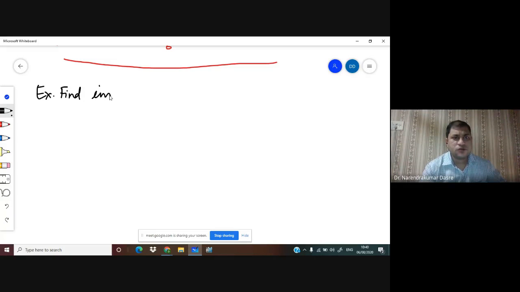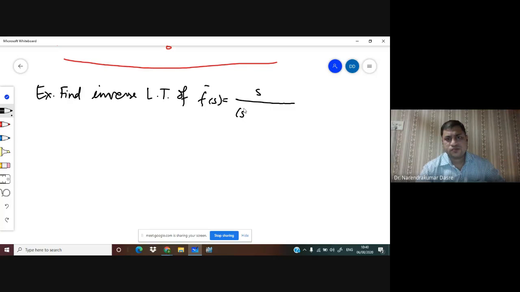Find the inverse Laplace transform of f bar of s is equal to s upon s square plus a square, s square plus b square.